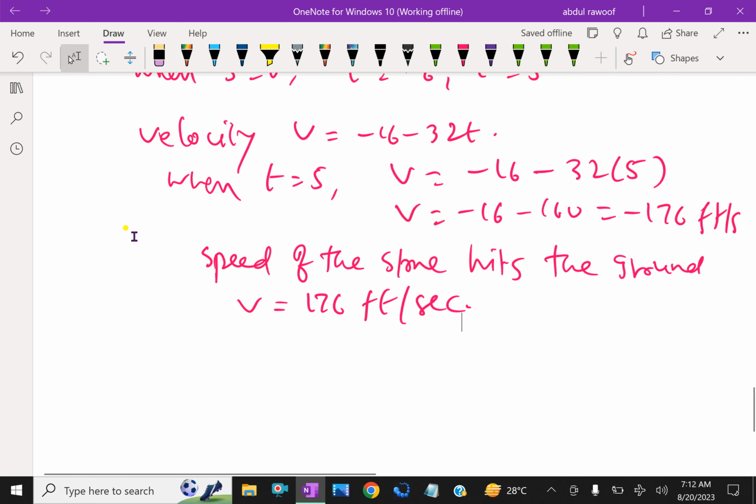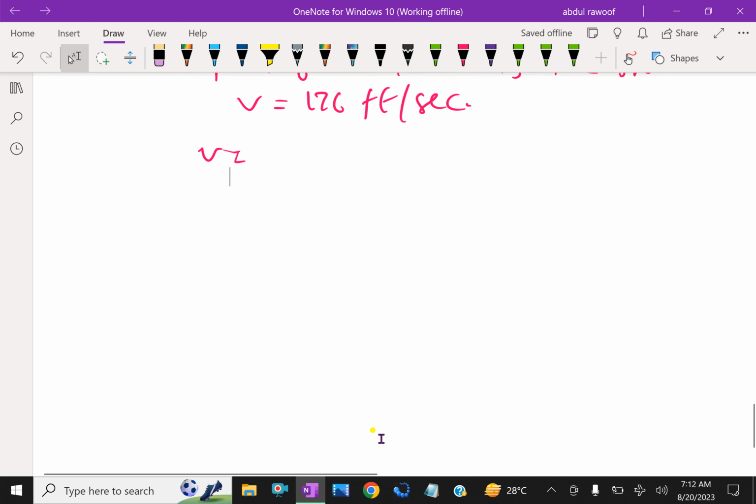At an intermediate speed of 112 feet per second, we have the expression v equals minus 16 minus 32 t.